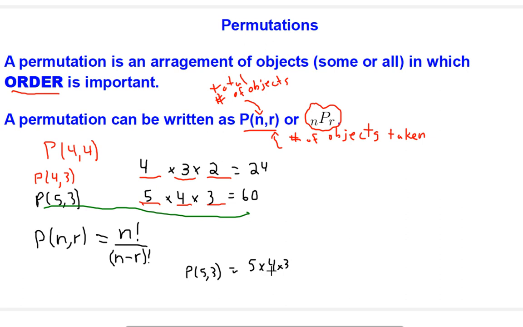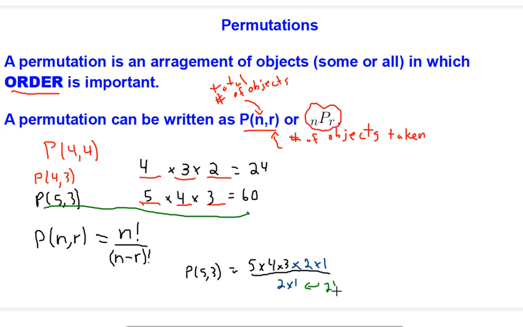Well, you can see this is the start of 5 factorial. And in fact, if we want to continue, I'll change colors here so we can keep in mind that this isn't actually here. I mean, there is 5 factorial right there. And then we have to divide by something to get rid of this 2 times 1. So we need to divide by 2 times 1. Well, this number down here is just 2 factorial.